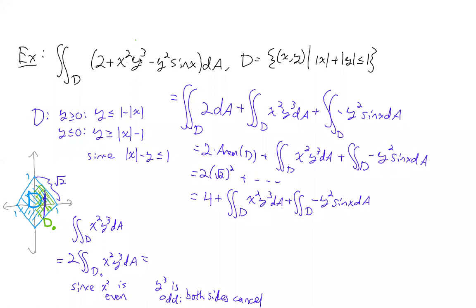I'll say that this piece up here, I'm going to call D1, and this bottom piece, which I'm going to do in orange, I'm going to call D2.